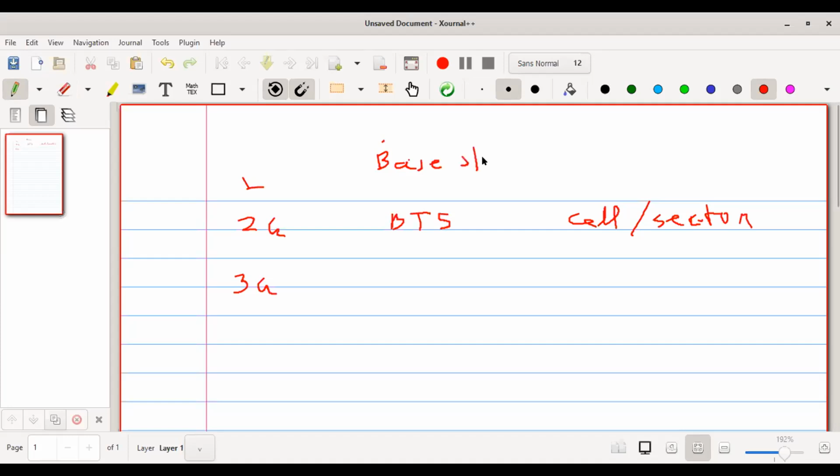No, there is really too much delay today. Anyway, base station. See, it's not working well. It sucks. Oh man. Not B. And the sectors are called cells.